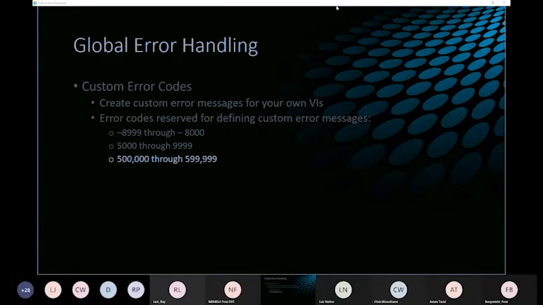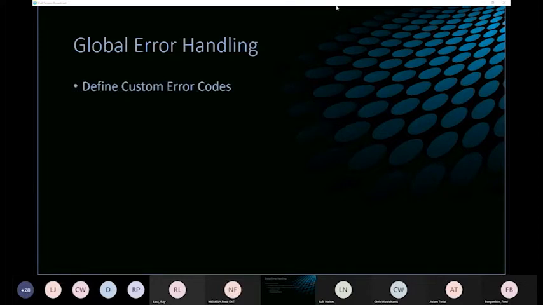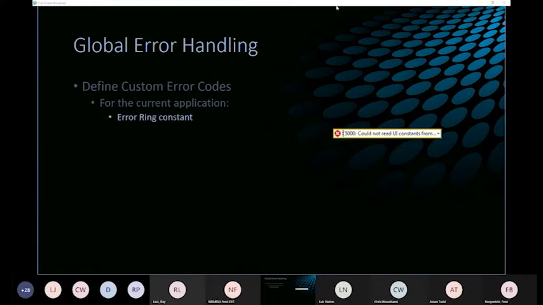So definitely keep within these defined ranges that are designated for user custom error codes. So how do we define these custom codes? If it's for the current application, we could use the error ring that we introduced a few slides ago. The error ring enables you to create your own custom error codes and use them within the error ring.